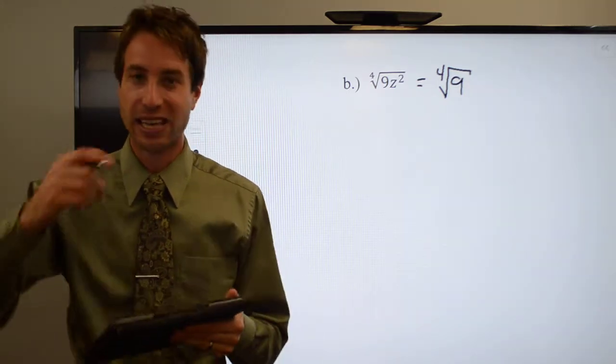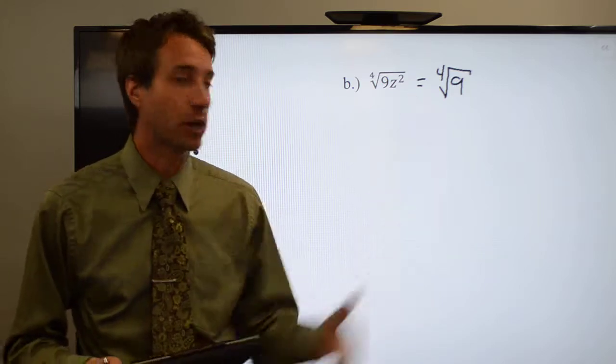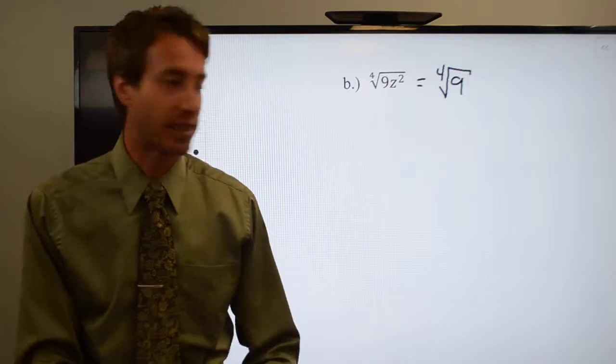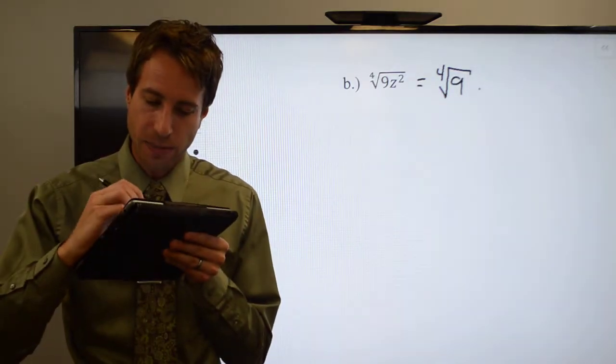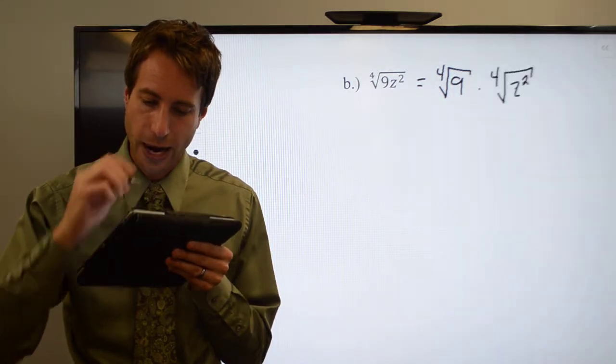I don't really care for writing irrational numbers because you'd have to round, and then it's no longer equal to. It would be approximately because you rounded. So let's not bother with any of that. We'll just leave it as a 4th root of 9. But then let's multiply by the 4th root of z squared.